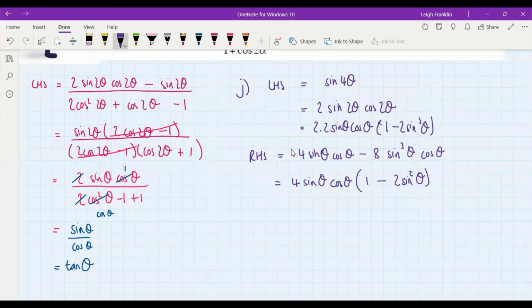Sorry, I'm squashing this in a little bit here. But there we go. So there's our 4 sine theta cos theta multiplied by 1 minus 2 sine squared theta. Okay, and therefore left-hand side equals right-hand side.